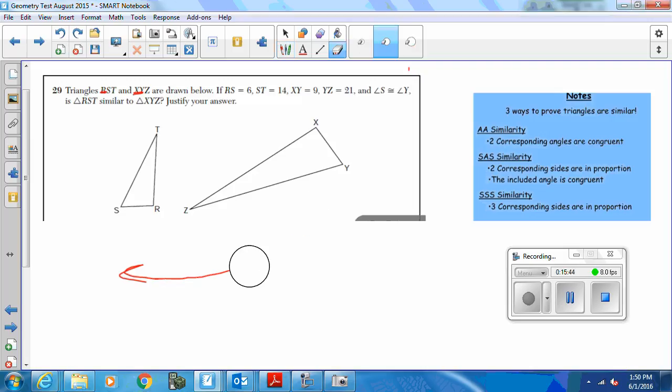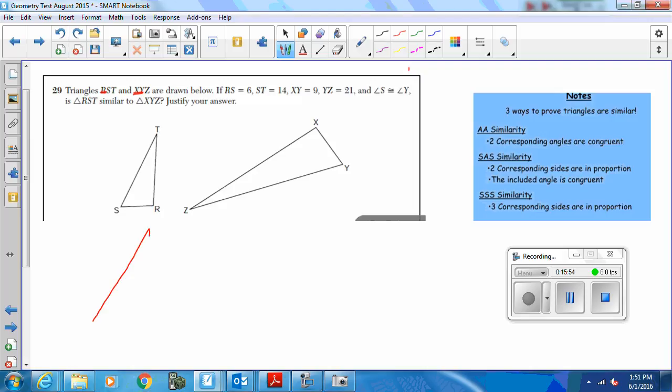So I'm going to try and draw it so we have something similar here. So our X is down here, our Y is here, and our Z is here.